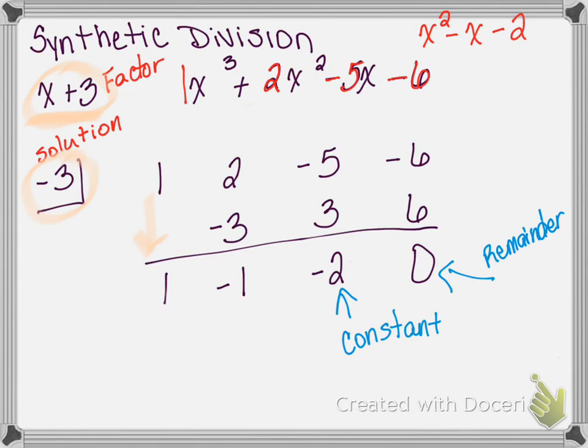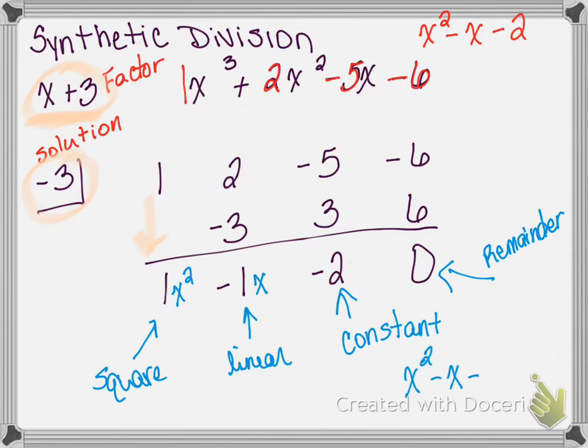This right here is our linear term, so an x goes with this, and this is our squared term. I'm sorry, not cubed, squared. So this is going to be x squared. So my final answer to this is x squared minus x minus 2.